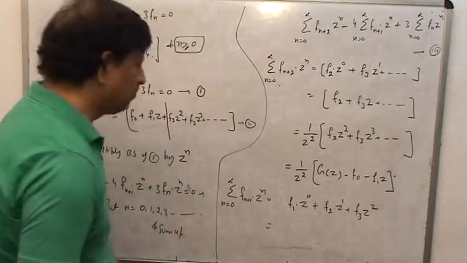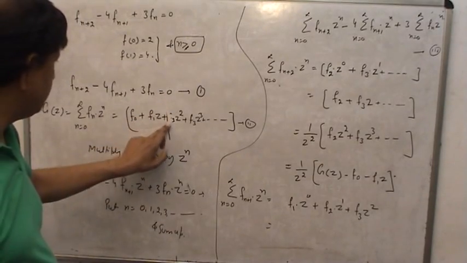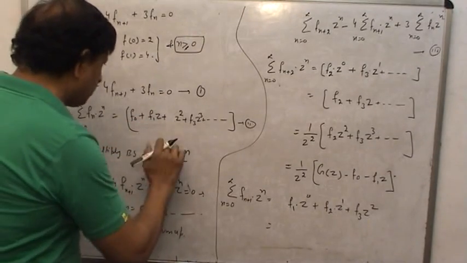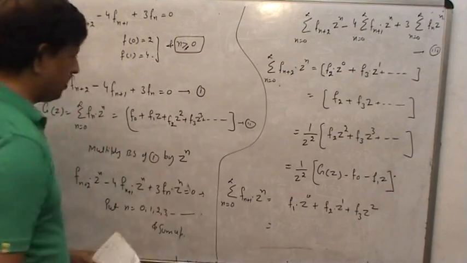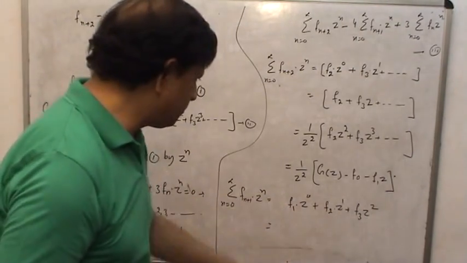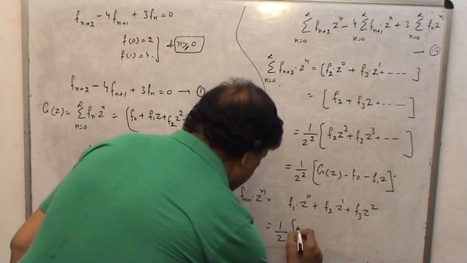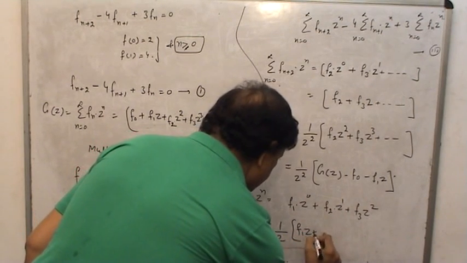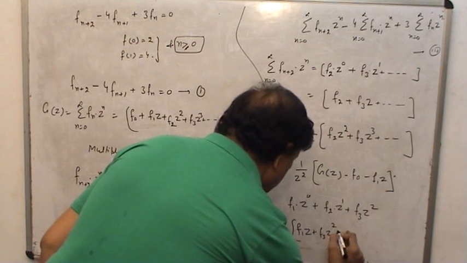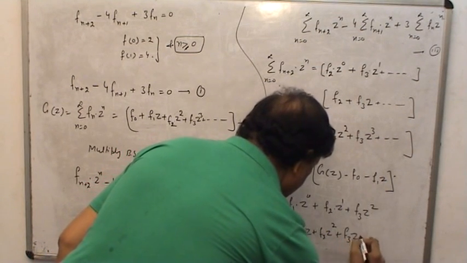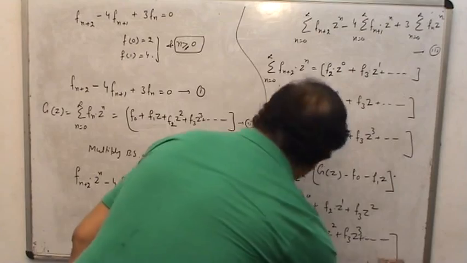We see f2 is with z square in the generating function and f3 is with z cube, so we multiply and divide by z. It will become f1 z plus f2 z square plus f3 z cube plus so on.